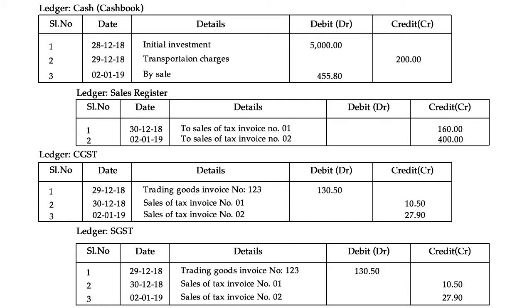So again, as I was mentioning again and again, if you observe, the total credit entries and the sum of all the debit entries are again the same, that is 455 rupees 80 paisa. Now you can see that the cash balance has increased.